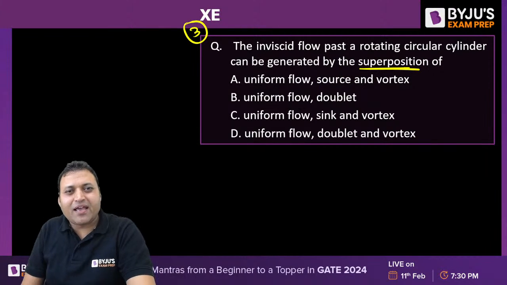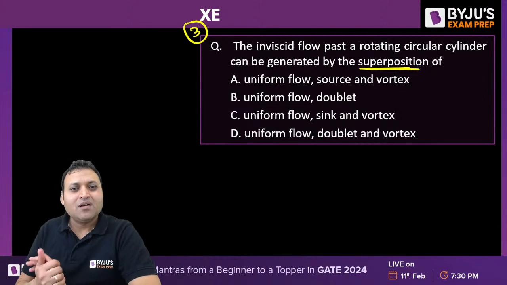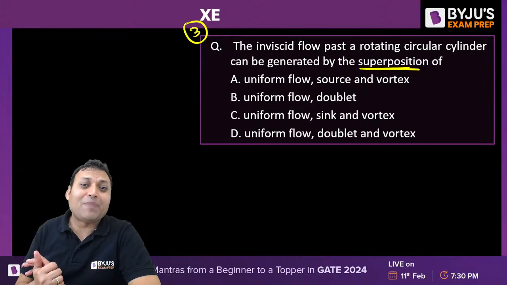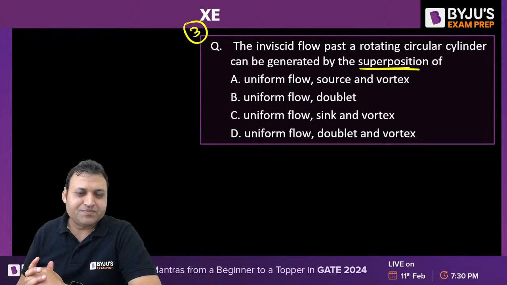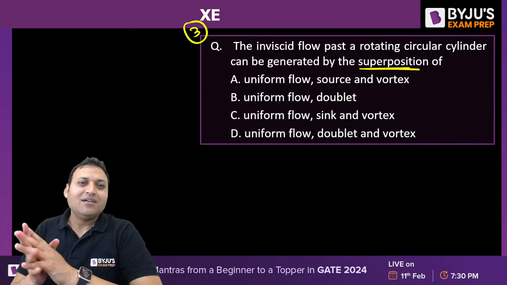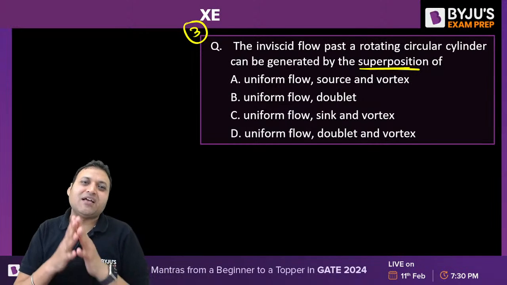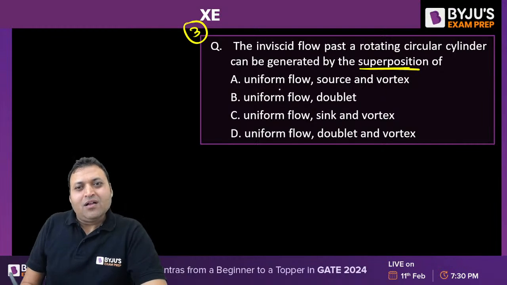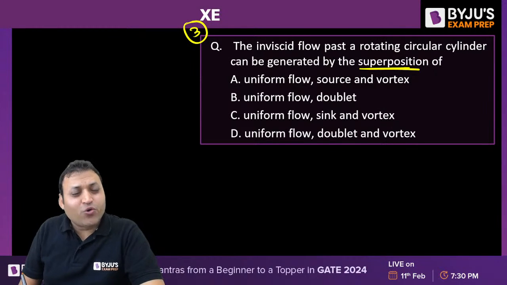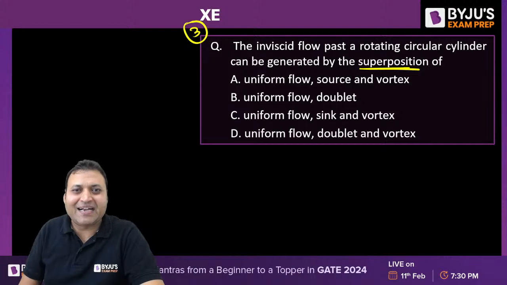This question is from elementary planar flow or flow net analysis of two-dimensional irrotational flows like uniform stream, sink, source, vortex, doublet, etc.